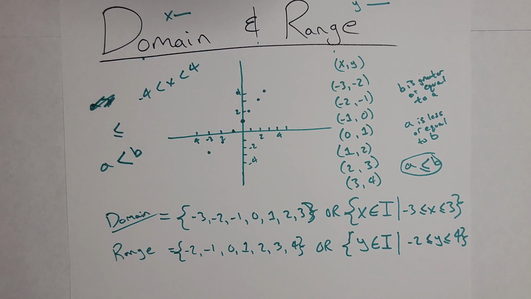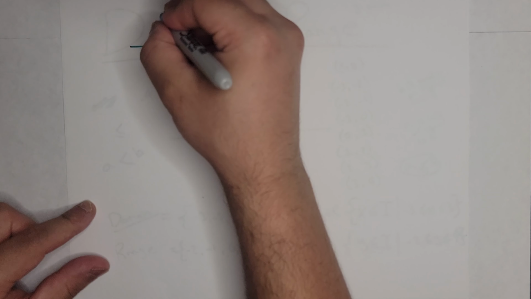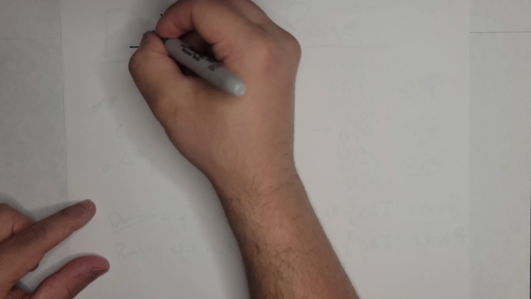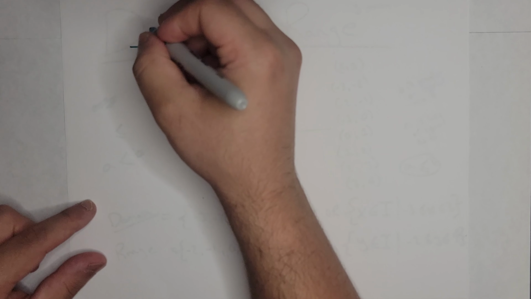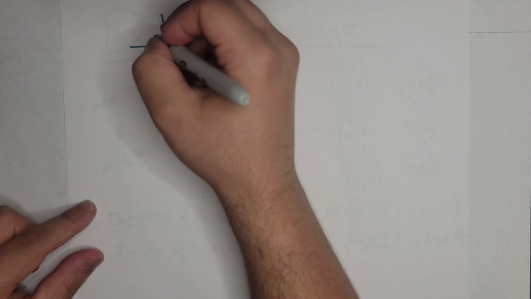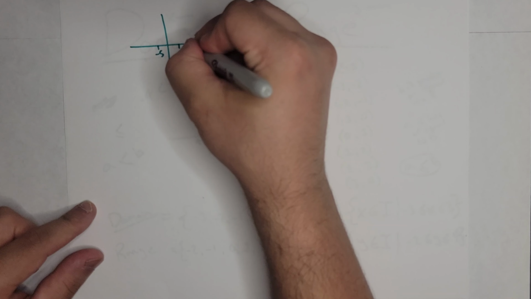Let's do another one. Let's do one where we have -5, and we have a +5 and a +10.